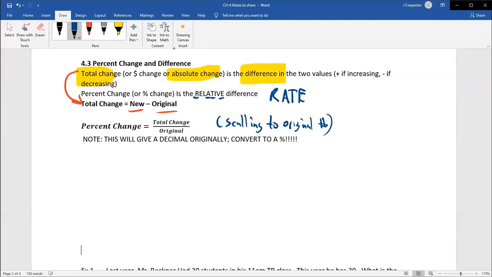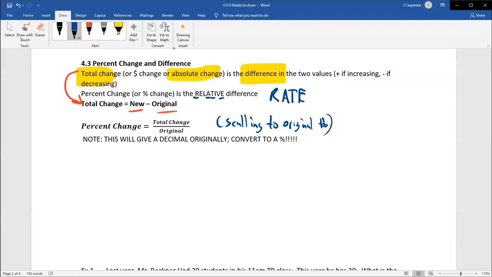So again, percent changes are based on what happened first. This is critical. This is one of the two most commonly made mistakes with this stuff, that people scale it to the new, and you're supposed to scale it to the old. So it's a ratio of the difference. Total change is the difference.